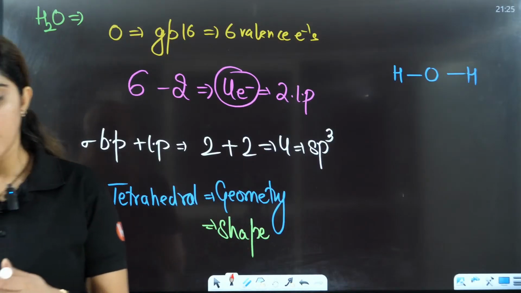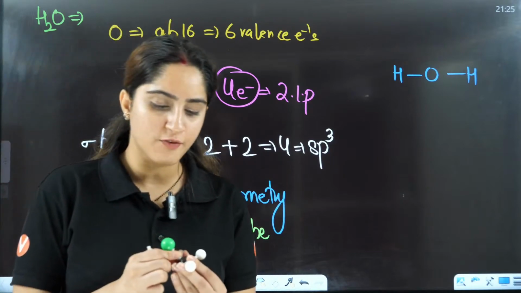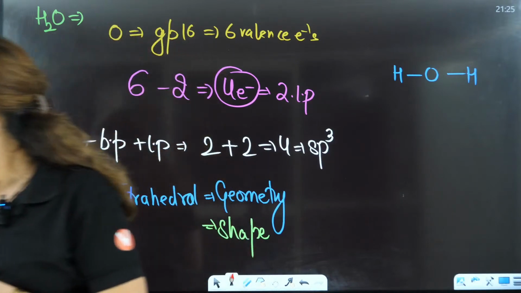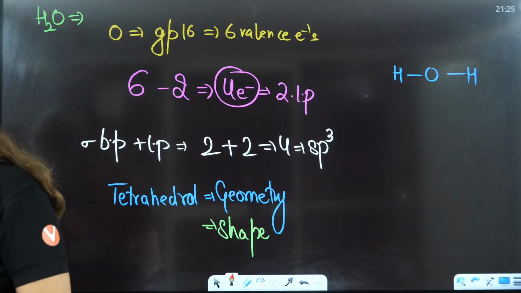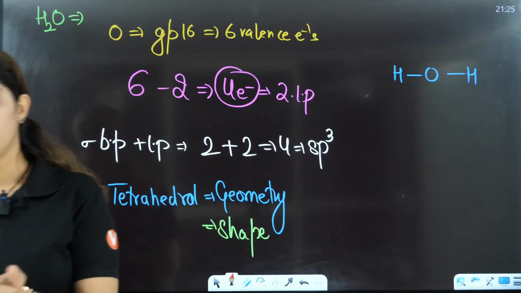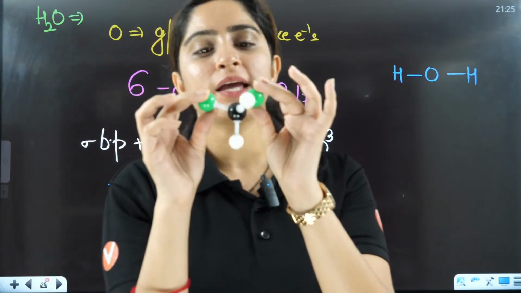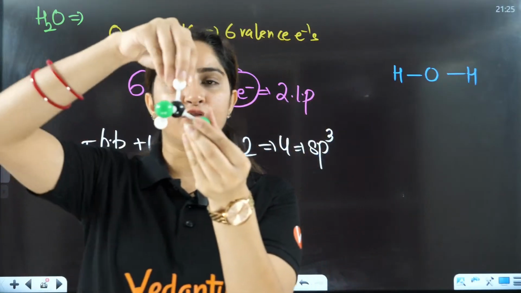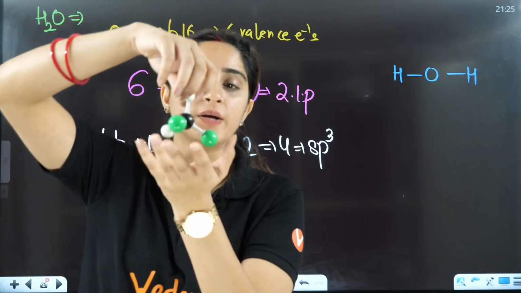Okay. So this was tetrahedral. 2 lone pairs if I need to draw, what I'll do? 2 lone pairs I'll draw here, right? So can you see, this is a tetrahedral geometry only when you focus on lone pairs as well.